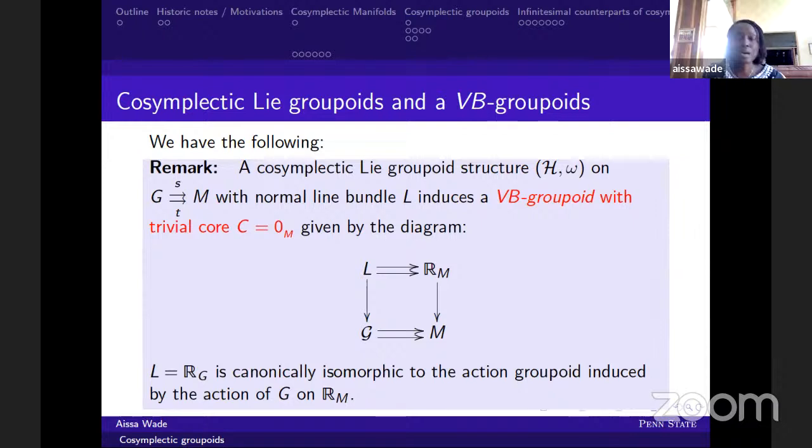So this is opposite to when we have a contact Lie algebroid, then the core is a real line bundle. So you can see the difference. It's really not the same. But here my L is canonically isomorphic to the action groupoid induced by the action of G on R. Okay. So I can look at it as T star of this R.